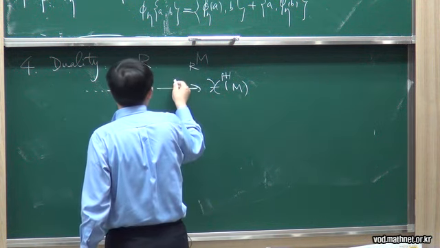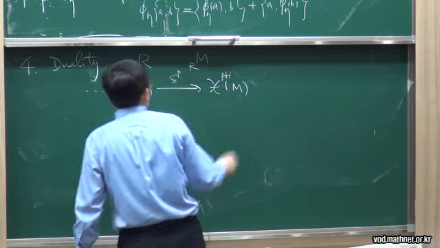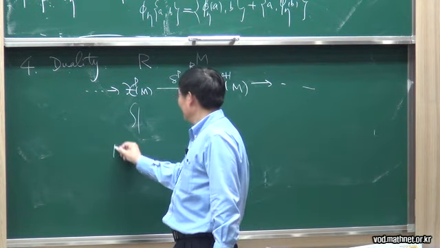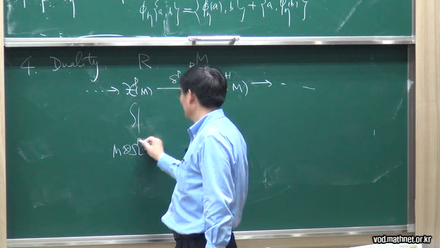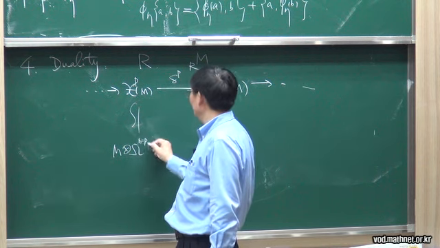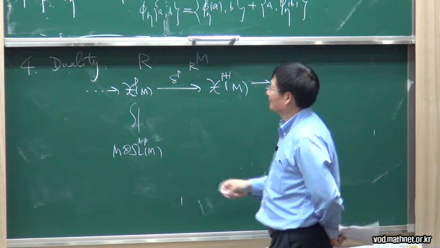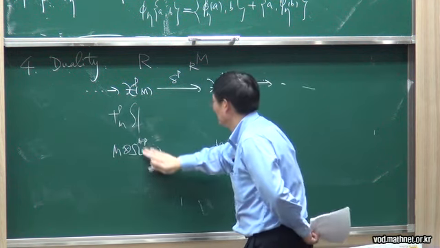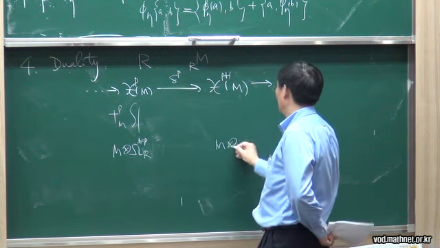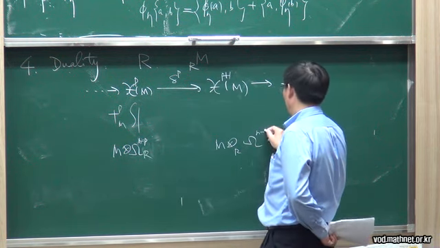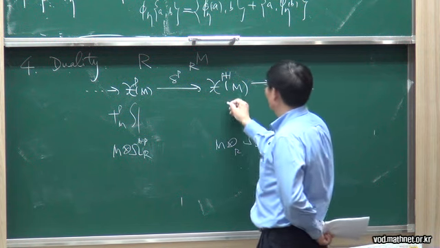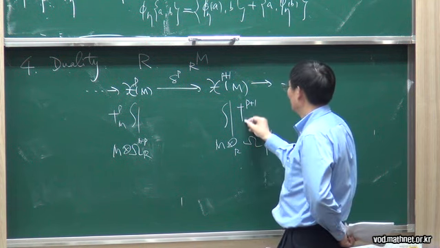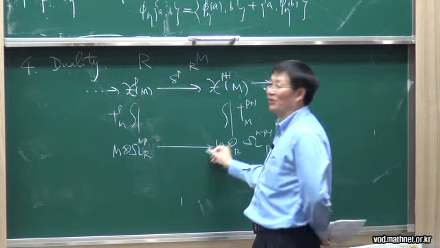We can define the Poisson coefficient complex. And I said that there's an isomorphism here between the Poisson homology and cohomology, and this is a Poisson chain complex.